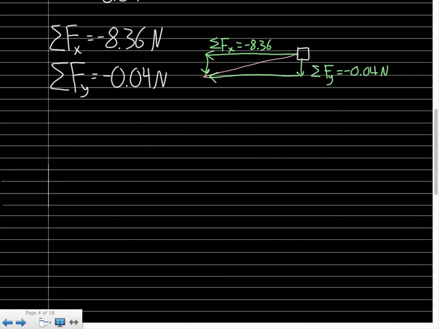Look, it makes the same triangle, right? This line is the same no matter what. But let's get rid of this one and stick with that. So now we can actually take this and move it over here to be the sum of the forces in the y direction, negative 0.04.